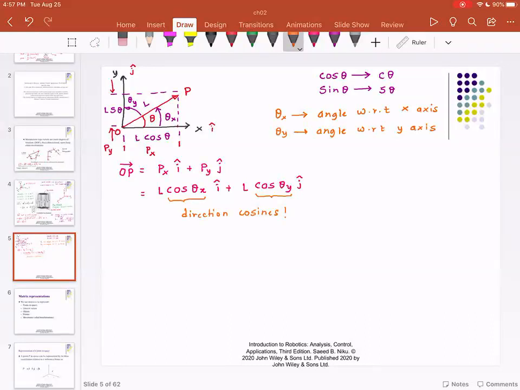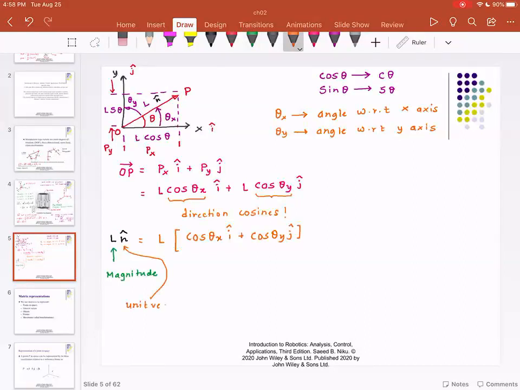Direction cosines are indicative of the unit vector in that particular direction. In other words, check this out. I'm going to go a step further. I will rewrite this equation as L times cosine theta x i plus cosine theta y j, and OP, as we saw a minute ago, I can rewrite as L times n hat, where L is the magnitude and n is the unit vector.